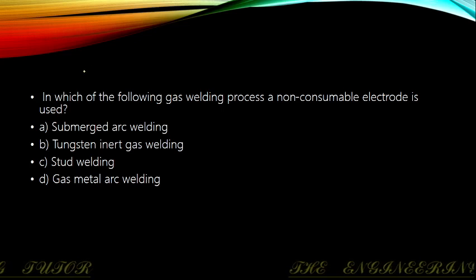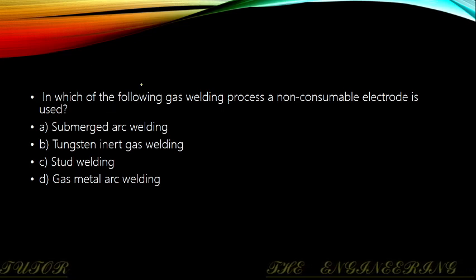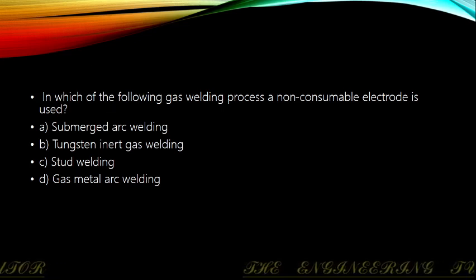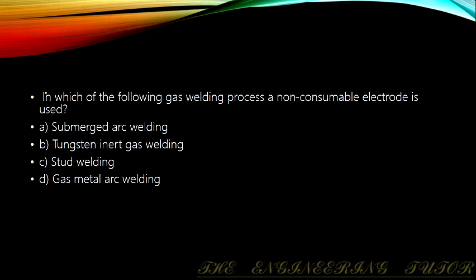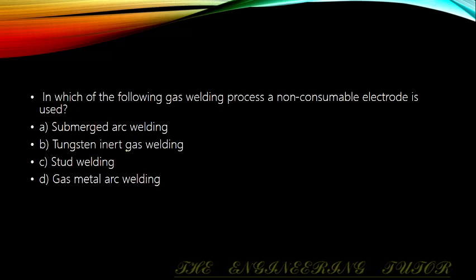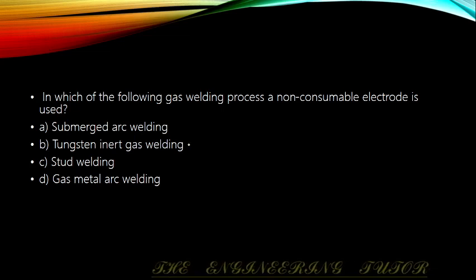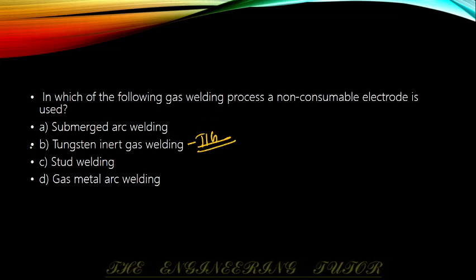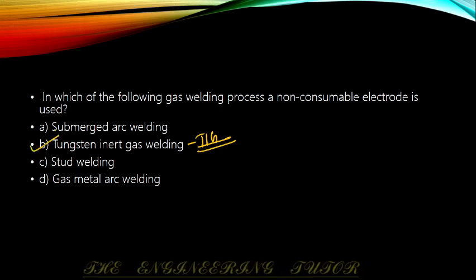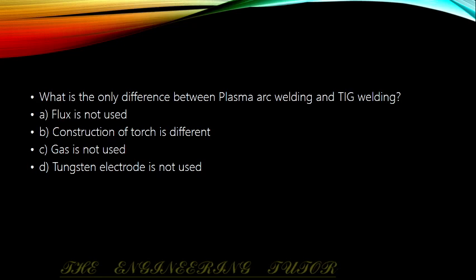Here they have mentioned arc welding with gas. In tungsten inert gas welding, that is, TIG welding, we all know it does not use a consumable electrode. So tungsten inert gas welding is the correct answer.